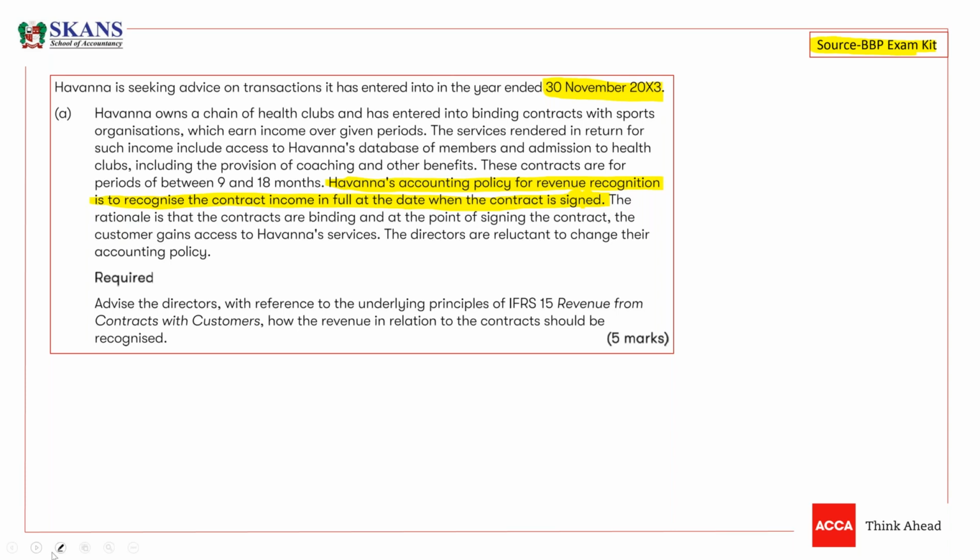Okay, guys. Just have a look at my thinking process. What is my thinking process on IFRS 15? They are saying that they recognize revenue in full when the contract is signed. So I will see whether this is step 1, revenue recognition. No. Is it step 2? No. Is it step 3? No. Is it step 4? No. Basically, it is step 5.